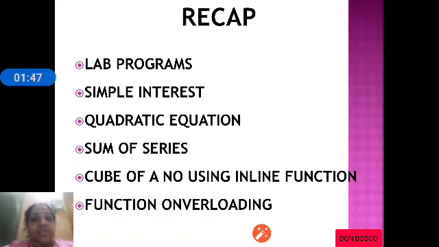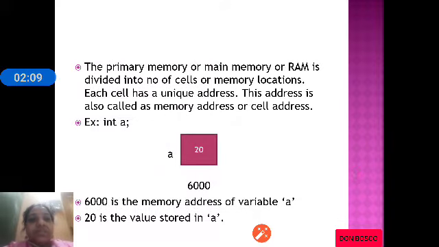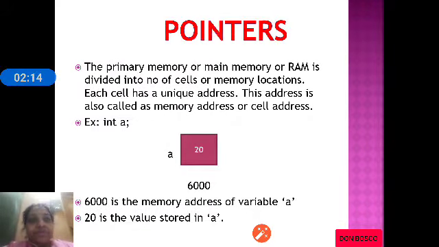Then we studied to calculate cube of a number using inline function, and we calculated area of square, rectangle and triangle using function overloading. So in total we discussed 5 programs in the previous session. We shall continue the session with a new topic called pointer.